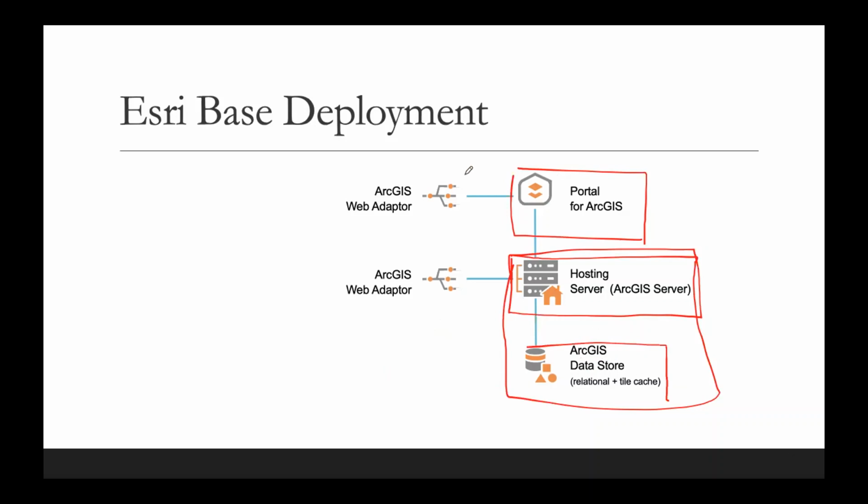The ArcGIS web adapters can be on your Portal server if you only have a few servers to work with. But this needs to have access to the internet. So if you feel comfortable with having Portal on the same box that's pointed out to the internet, that's okay. If you want these sequestered on their own server, then that probably is recommended too, to get it onto its own machine.